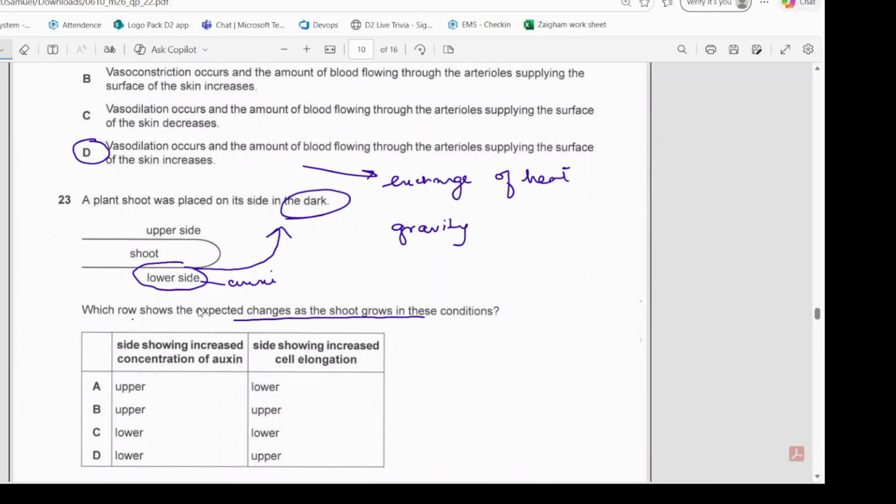Roots show positive gravitropism, while shoots show negative. So it's negative. If it's moving up, there would be maximum elongation on this side. So I guess it's C.